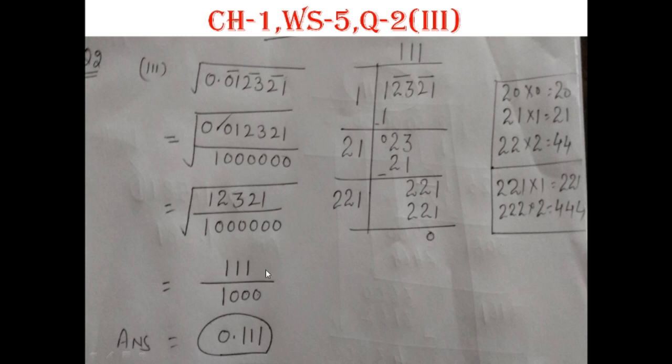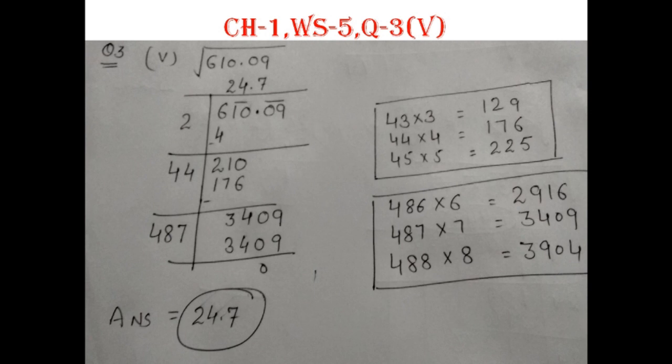When we mark the point, because our question is in decimal, our answer should be in decimal also. So here are 1, 2, 3 zeros. We will mark the decimal point, and our answer will be 0.111.